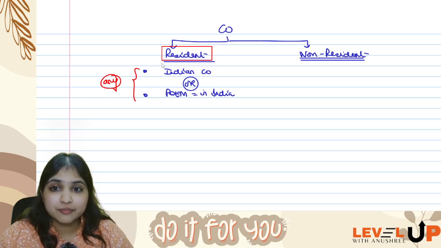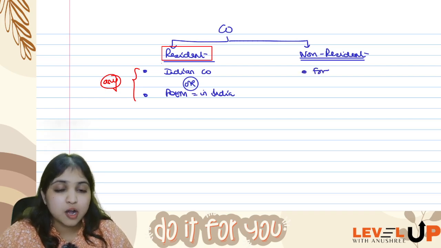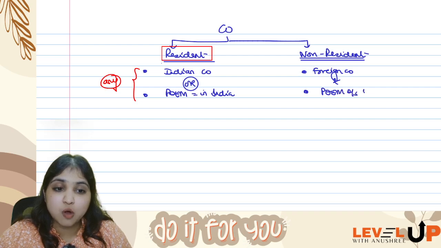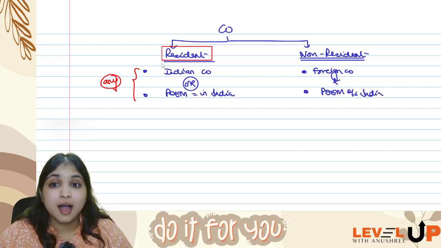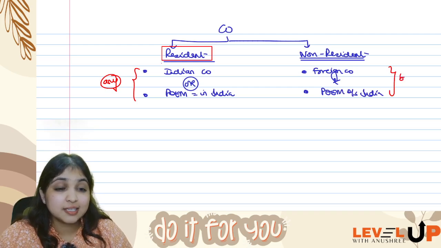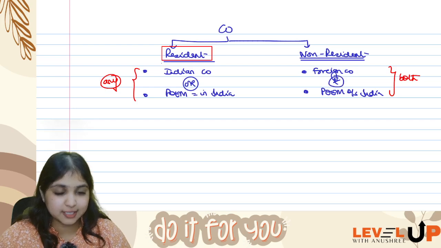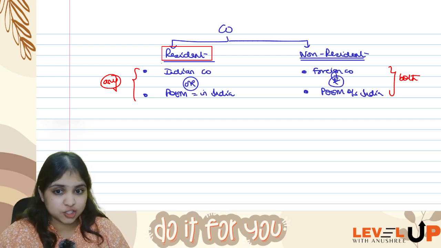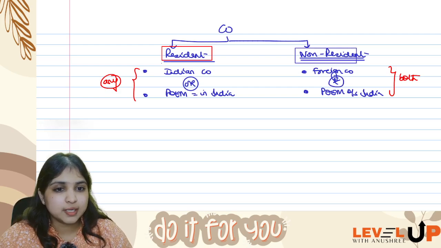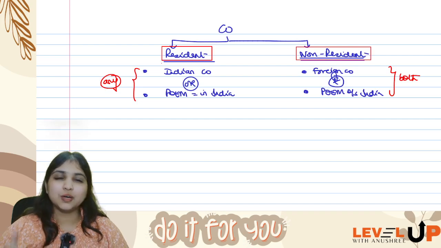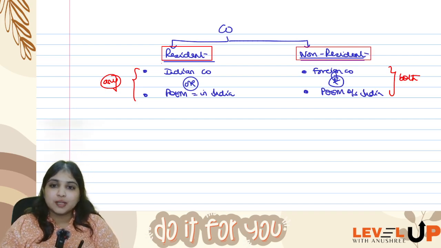However, if the company happens to be a foreign company and if the place of effective management happens to be outside India, I have two conditions. This time I put the word "and" in between, which indicates I want both the conditions to be fulfilled. Then only the company will become a non-resident. Are you agreeing with the second point of view?